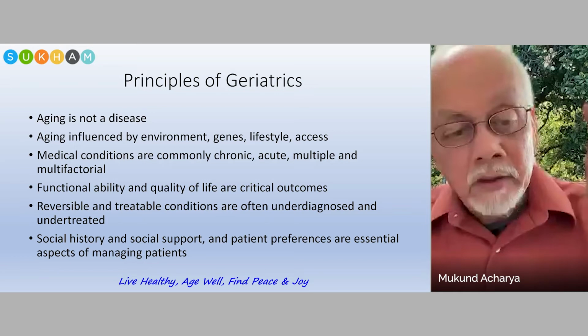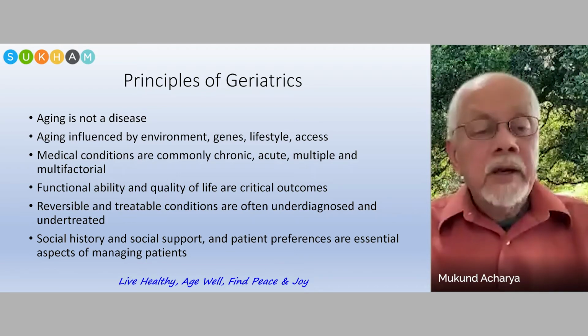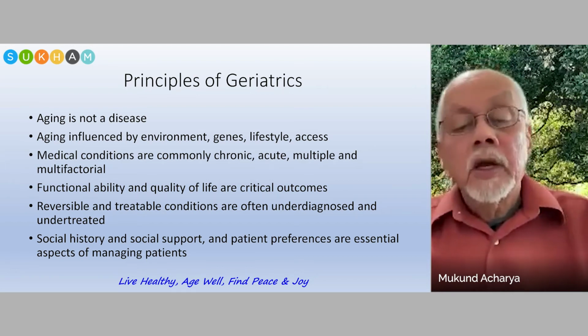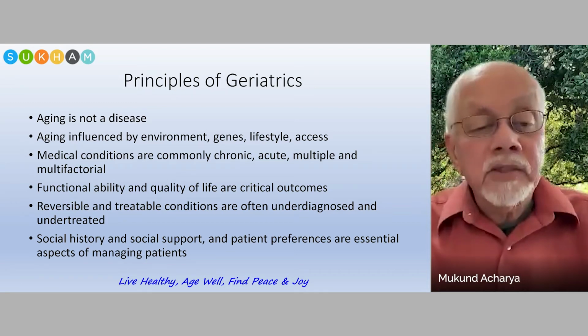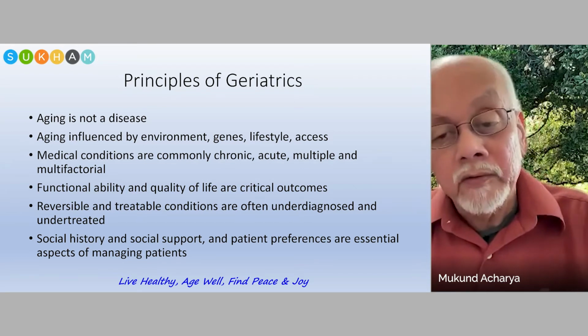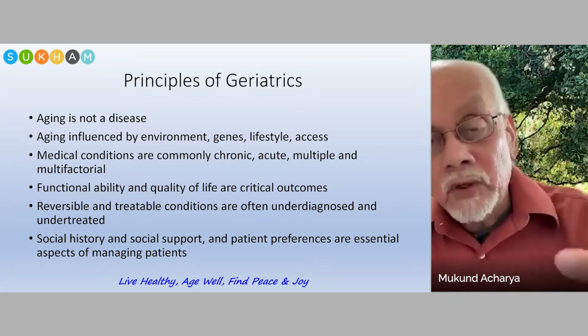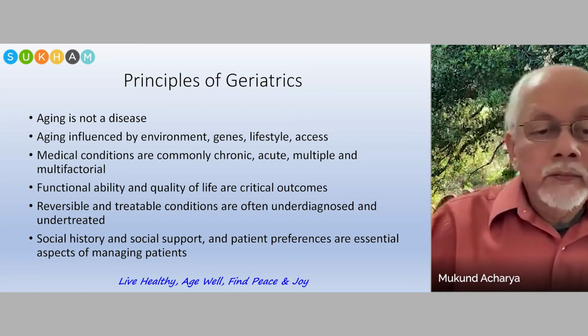The goal of geriatrics is to maximize the quality of life and the functional ability of a person. How best can you make an older person who is unwell function the best way she or he can? How can you maximize her or his quality of life? So that's one of the driving forces of geriatrics, right?